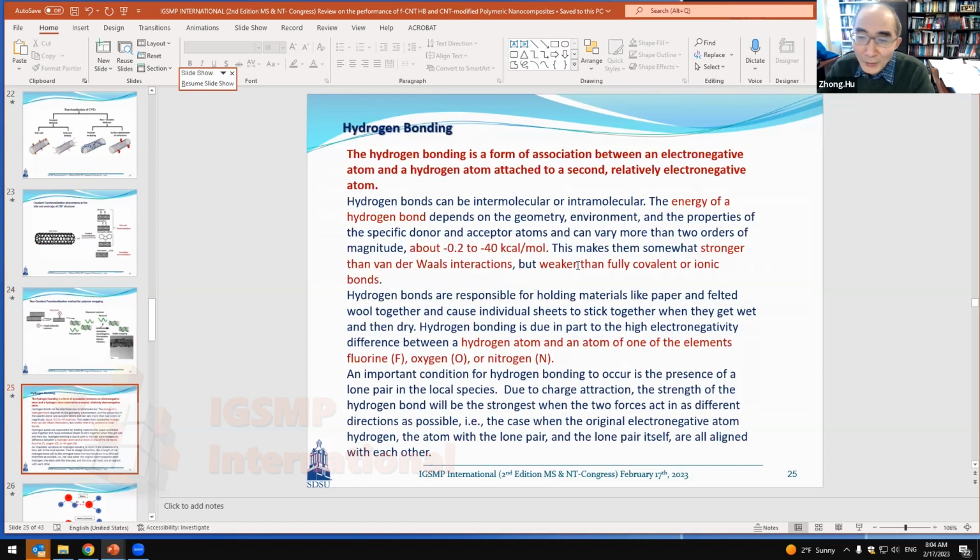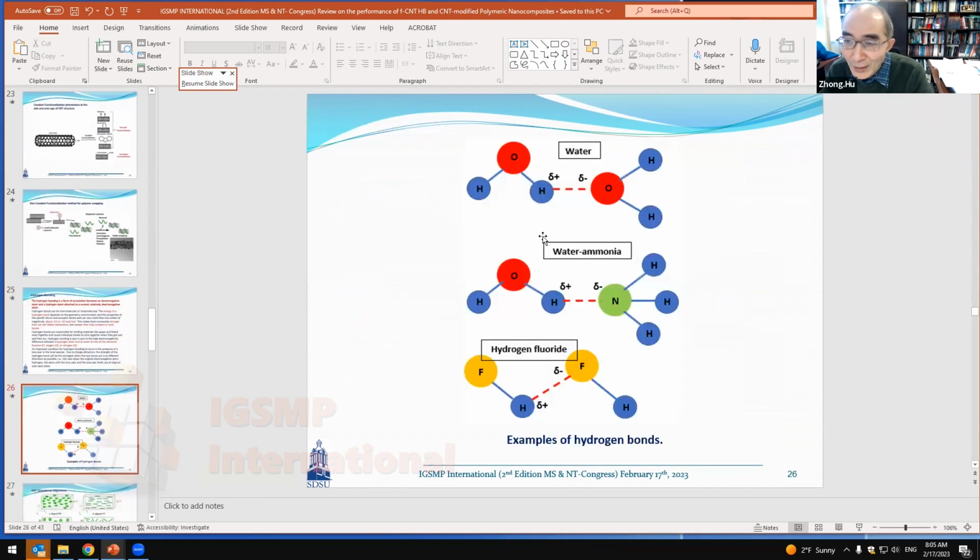So the hydrogen bond, we know this is a very weak bonding, but usually it is higher than the van der Waals interaction, and it has certain strength. They can bond, improve the solubility, and bond carbon nanotube with carbon nanotube. So they have multiple applications. For example, here are several examples of molecules that form hydrogen bonds.